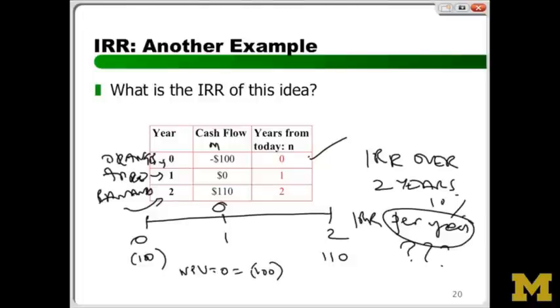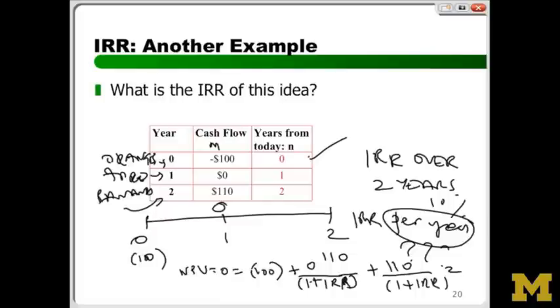Negative 100 plus 0. How much of discounting do we do to the 0? In year 1, 1 plus IRR. Plus in year 2, what do you have? 110, 1 plus IRR square. Quick question.